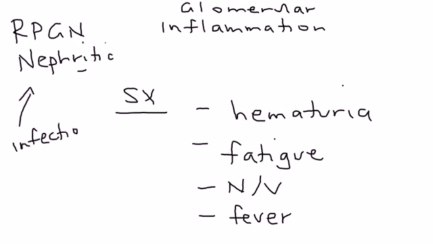We'll talk a little bit about that later on when I present a clinical vignette. So that's why you get the fever. So those are some of the basic symptoms. They're not very specific, but as we go along in terms of this disease, and once we get to the diagnosis, it becomes much clearer.